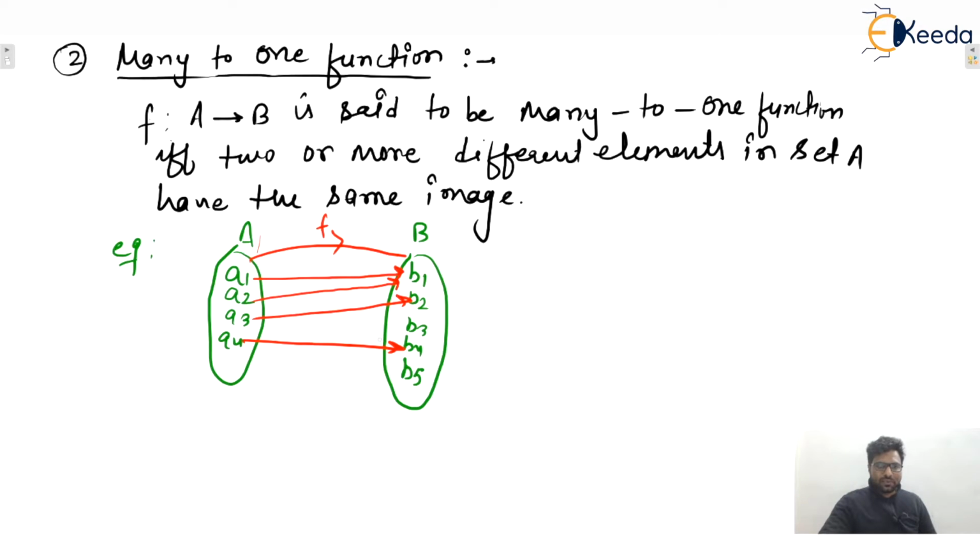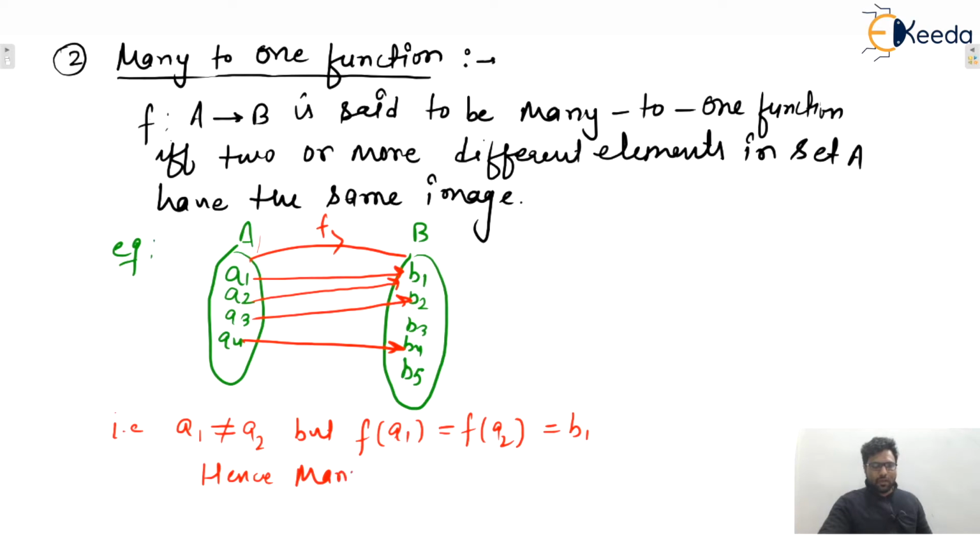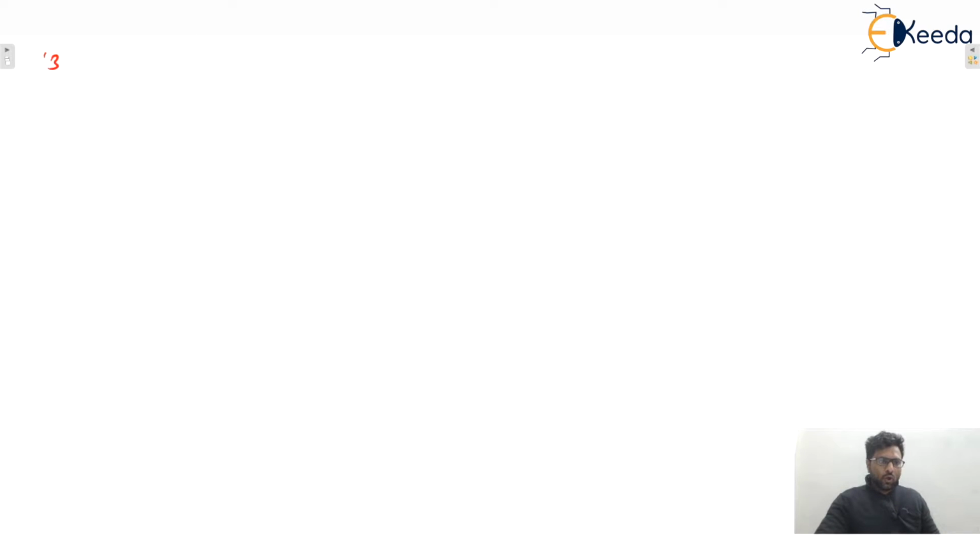I hope this one is clear to everyone. So here, if A1 is not equal to A2, but the images of A1 and A2 are the same, equal to B1, then hence this is many to one function. I hope this one is clear to everyone. So this is known as many to one function. Next, the third type is onto function.